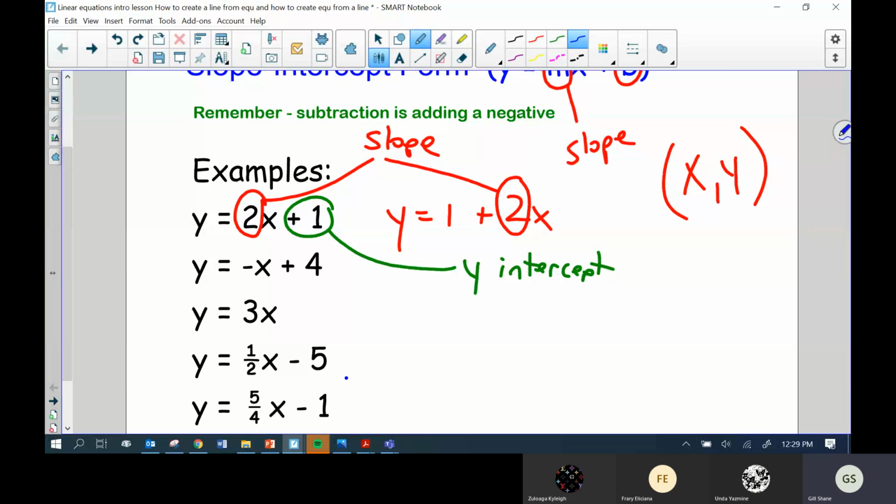In that equation right there, what is the slope? Five fourths. It is 5/4. Good. Even if you weren't paying attention, it wasn't a hard one to figure out. Easy question. Good job.